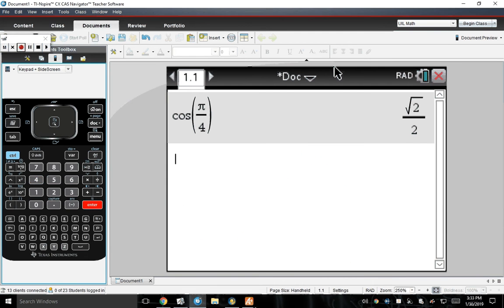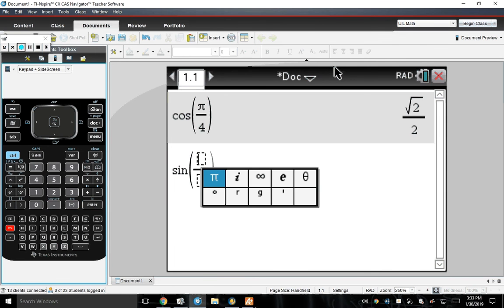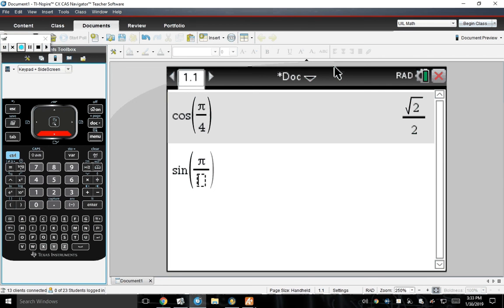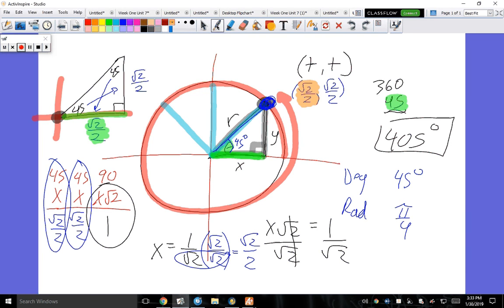Okay? And if I do the sine, surprise, surprise. So if I do the sine of pi over 4, what should it say? It should say the same. Root 2 over 2. Now watch. Last thing, and then we're done. What if I said the tangent? You learned it today. Tangent is what? Y over x.